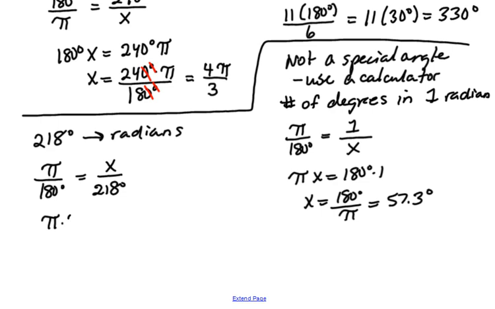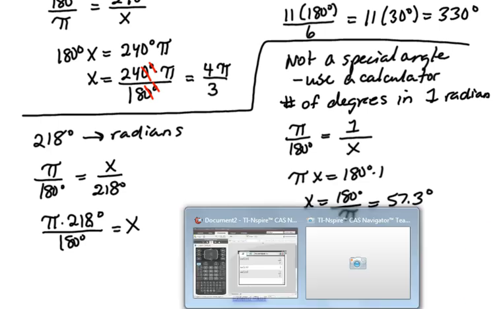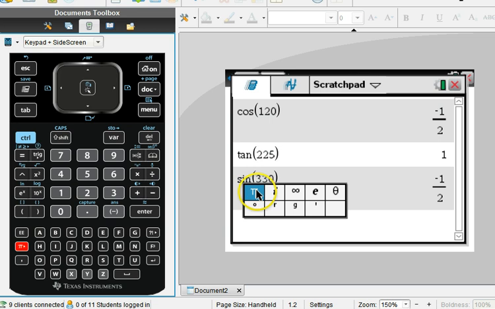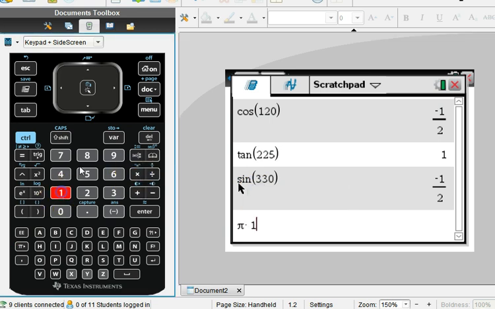So I'd say pi times 218 divided by 180 equals x. And like I said, I could make that a really weird fraction of pi, but it would make more sense here to say pi, using my pi button here, times 218 divided by 180.